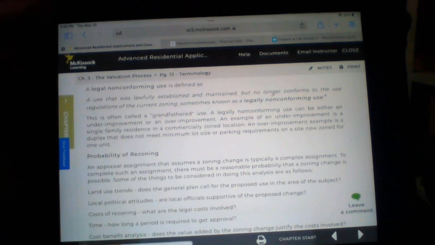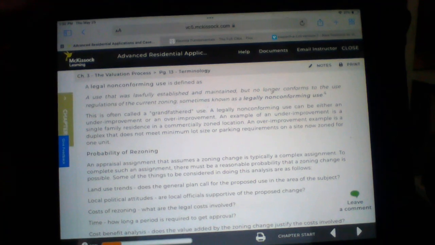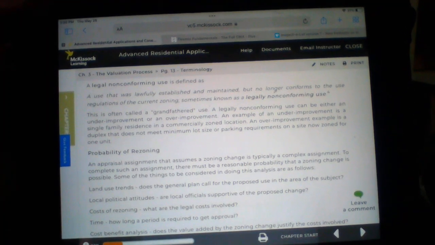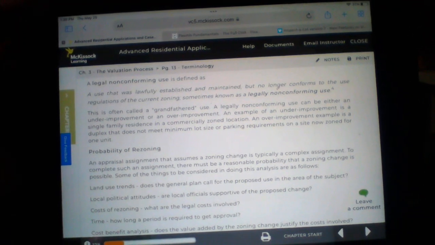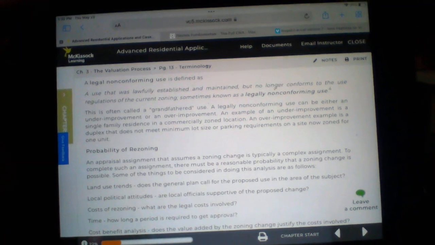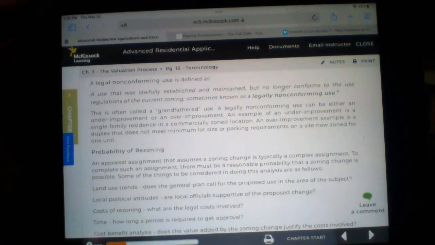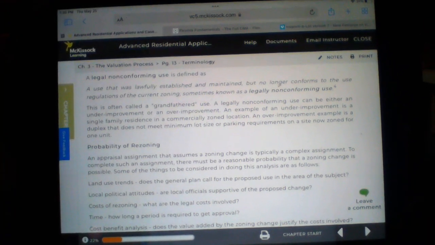A legally non-conforming use can be either an under-improvement or an over-improvement. An example of an under-improvement is a single-family residence in a commercially zoned location.